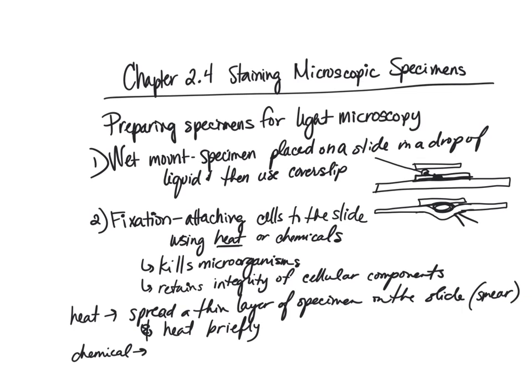So for chemical, we add a chemical, something like acetic acid or ethanol. And then we add the chemical to it, and then it's going to be prepared.